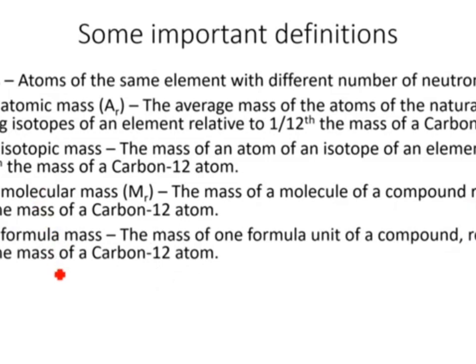Then relative formula mass is the mass of one formula unit of a compound relative to 1 by 12th the mass of a carbon 12 atom. It is technically the same as relative molecular mass, but relative formula mass is used mostly for ionic compounds like MgCO3, and relative molecular mass is generally used for covalent compounds.